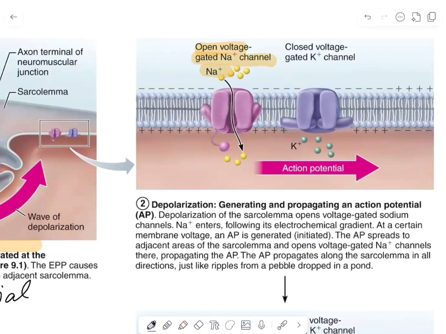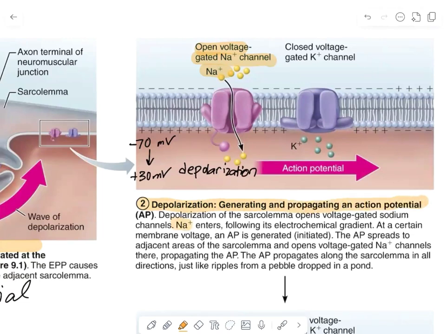So when sodium enters the cell, that is the first phase of the action potential called depolarization. Because the inside of the cell goes from its resting membrane potential, which is negative 70 millivolts, to plus 30 millivolts. So the depolarization is the generation and the propagation of an action potential.